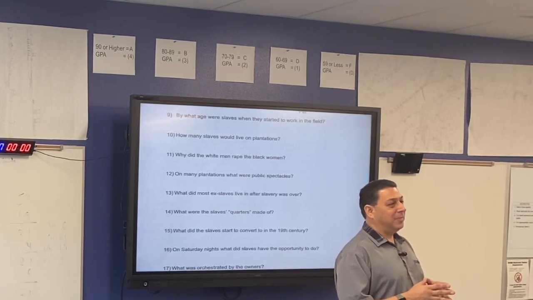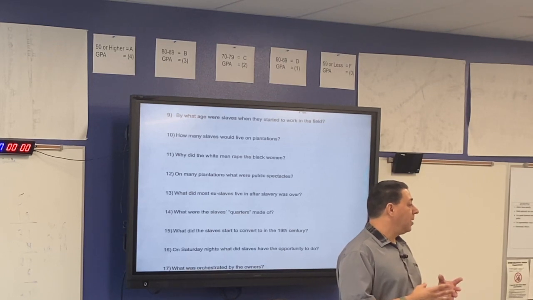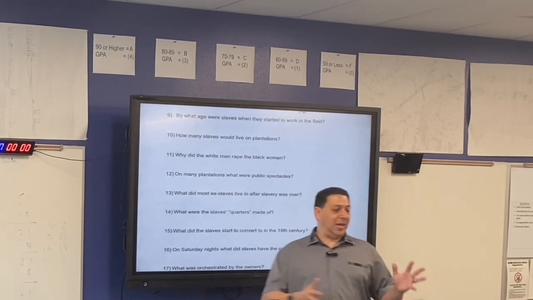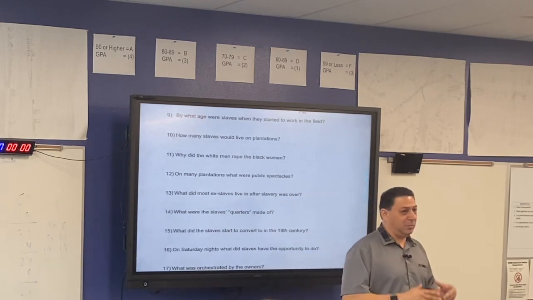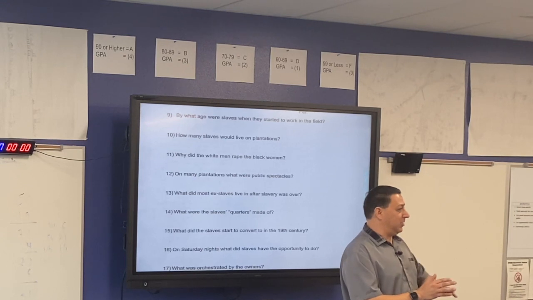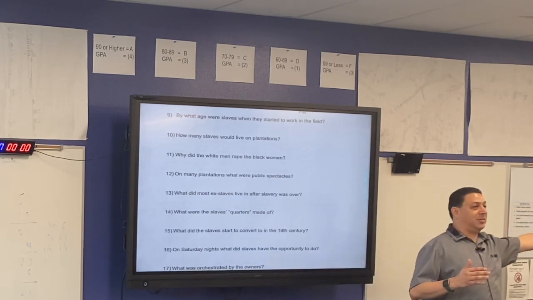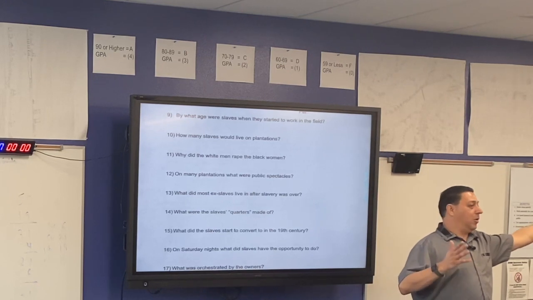What's the answer? Poverty. Poverty means you're very poor. So here's the thing I want you to understand. Slavery eventually does come to an end, with the Civil War. But just because slavery ends, I don't want you to think that suddenly everything's all great for these former slaves. Far from it. Life is still very tough. You're living in poverty.